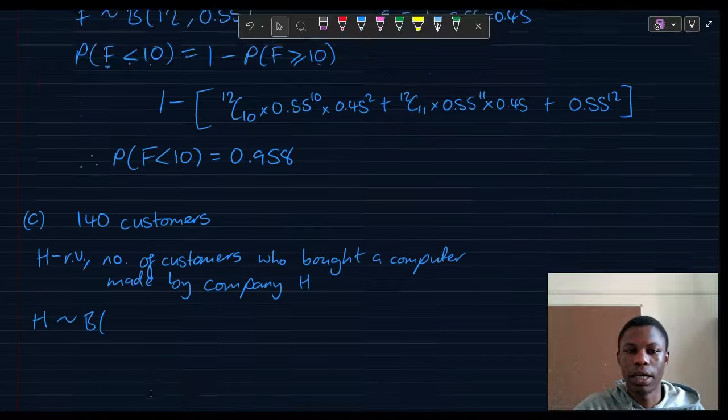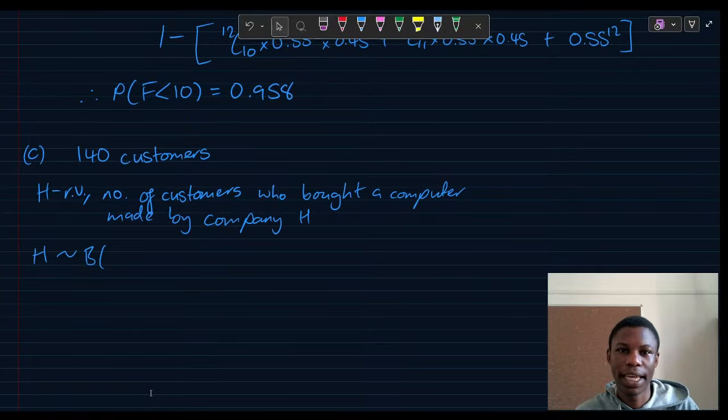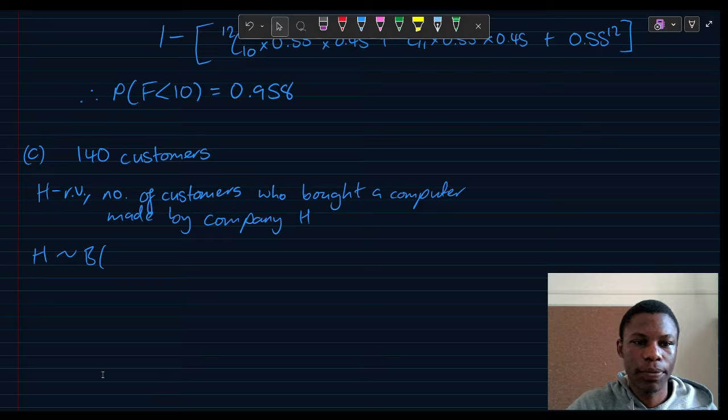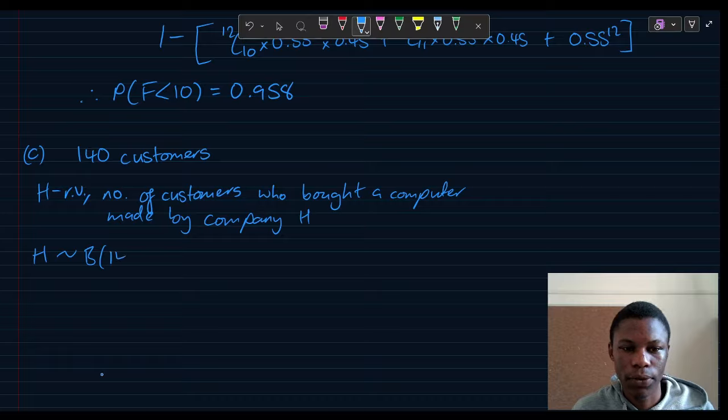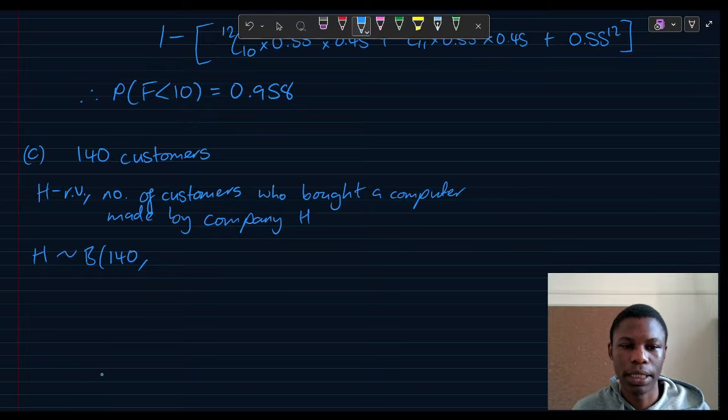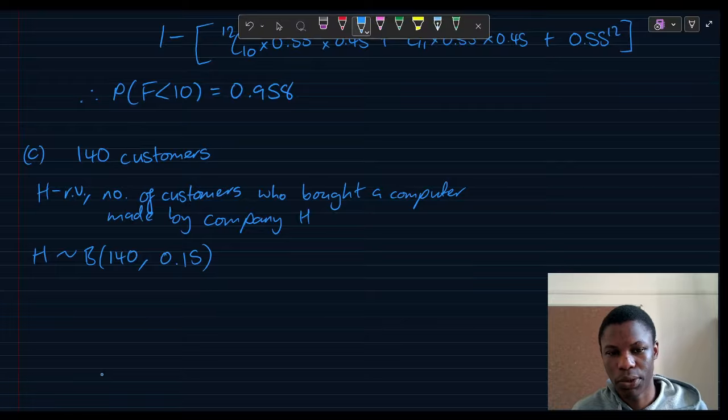And then two outcomes: you either get a computer by H or you don't. And trials are independent of each other because one customer buying a computer made by H is not going to influence the next customer's decision. So here our n is 140, but again, telltale signs: if you see a fixed number of trials, there's a good chance that it's a binomial distribution. 140, and then probability of success is 0.15.